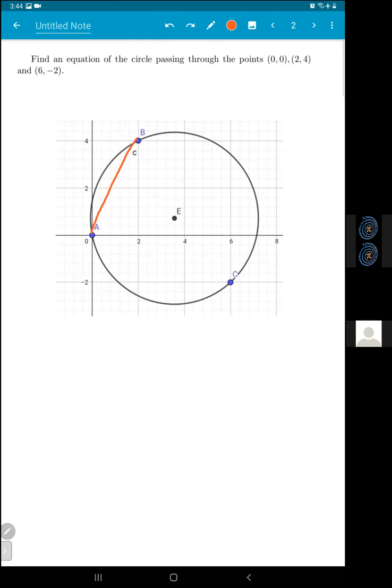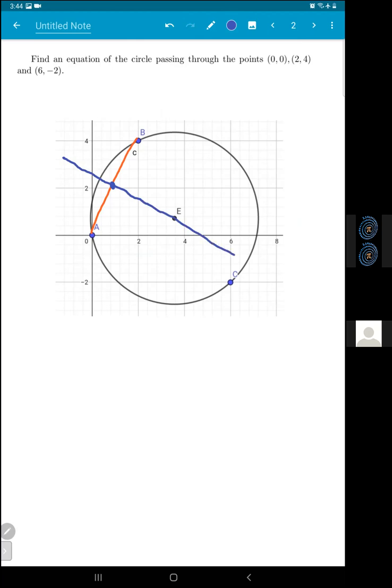Now, how does a chord of a circle relate to its center? If you draw its perpendicular bisector, meaning the line bisecting it perpendicular to it, that is the one passing through its midpoint, that bisector will pass through the center of the circle.